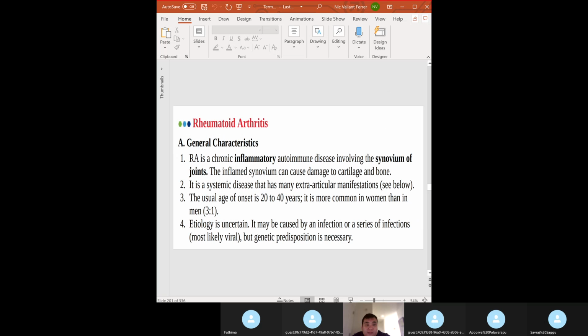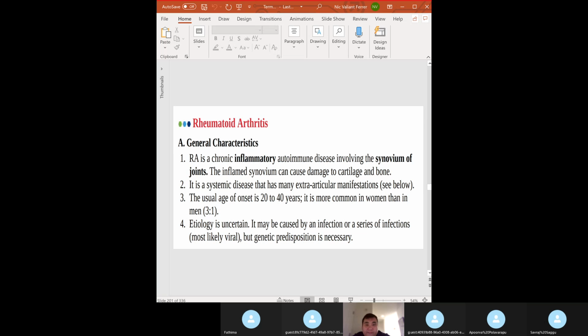Rheumatoid arthritis. RA is unlikely if DIPs are involved, or morning stiffness is absent, or joint distribution is not symmetric. Okay, high yield. RA is unlikely if joint distribution is not symmetric or DIPs, your distal interphalangeal joints, are involved, or morning stiffness is absent.